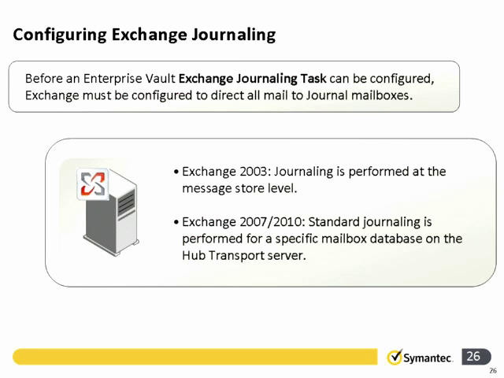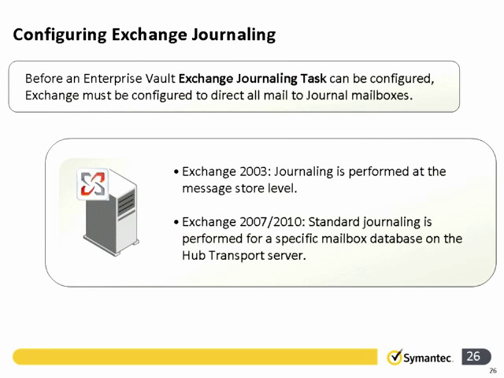So in Exchange 2003, this journaling is performed at the message store level, but for Exchange 2007 and 2010, standard journaling will be performed on a specific mailbox database that is accessible from the Hub Transport server. But again, also if you do have the premium journaling available, you do have the capability of setting up more specific items to be journaled to the journal mailbox, which means that we have more specific items specified or dedicated to the journal archive.